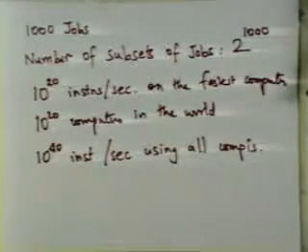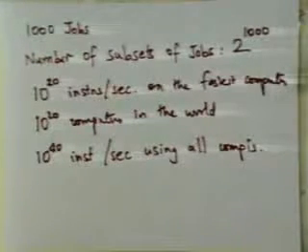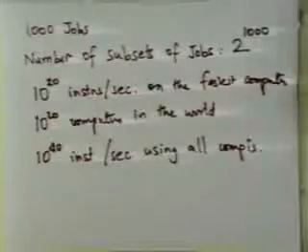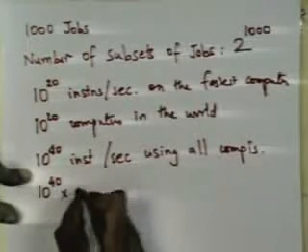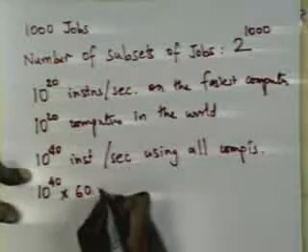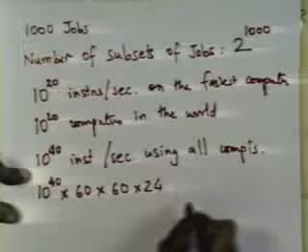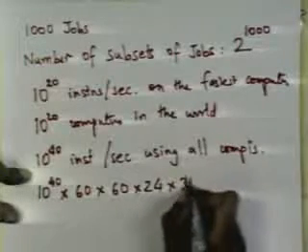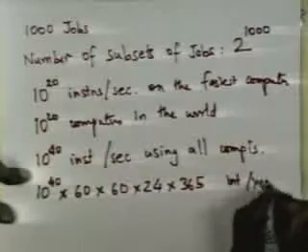So how many instructions can one do in a year? It's 10 to the 40 instructions per second. In a minute I can do this times 60, another 60 for an hour, then 24 hours a day, and 365 days in a year. So these many instructions a year.